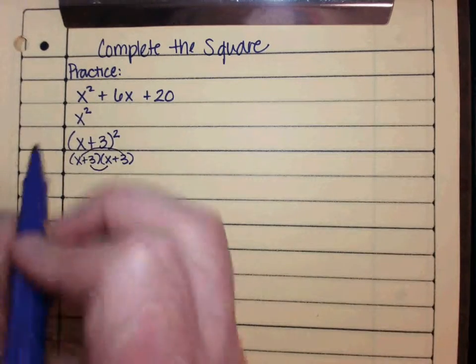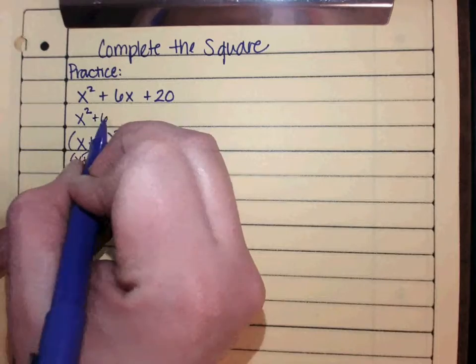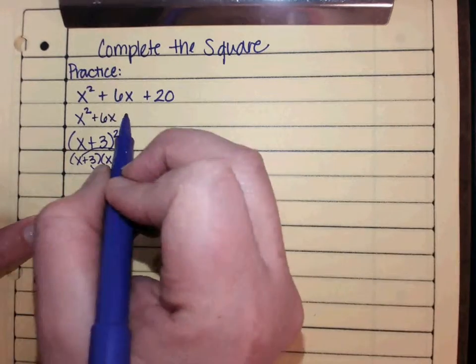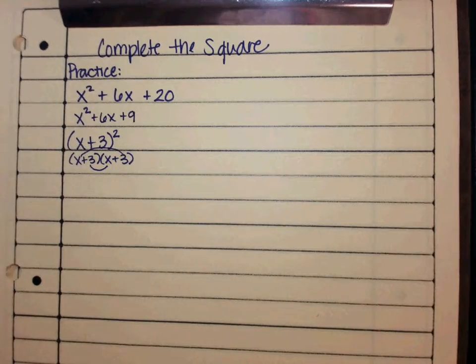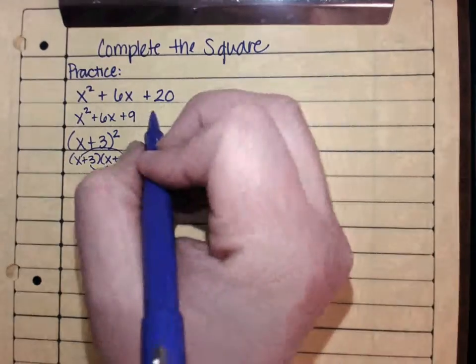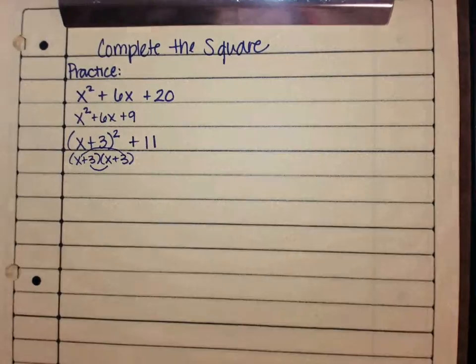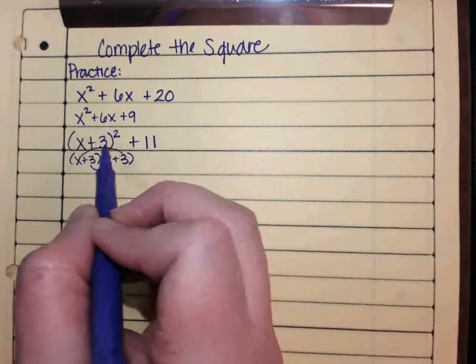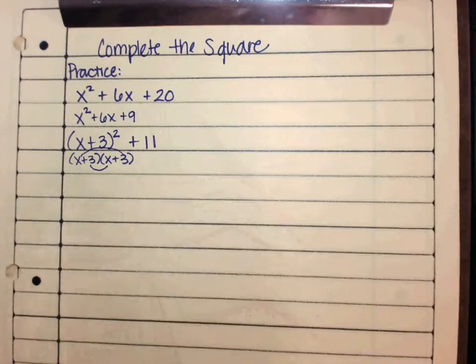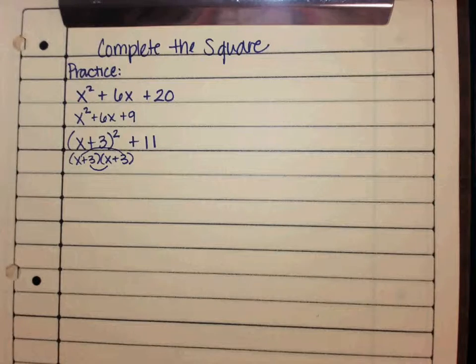What's that? 6x. And then what is 3 times 3? 9. So you have to think about, okay, I'm going to borrow 9 from that 20. How many will be left over? 11. So you're basically going to take whatever this is squared away from the 20, and whatever's left over just has to sit by itself. Okay?